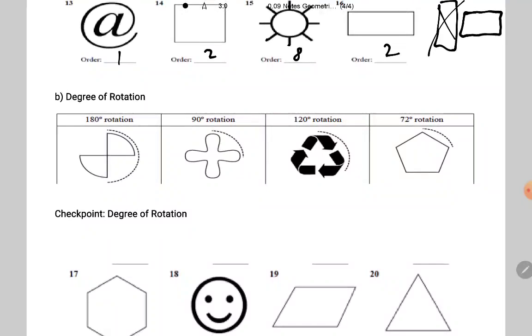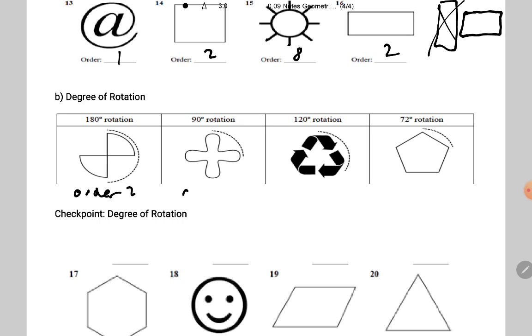Okay, degree of rotation. So how do we figure out the degree of rotation? I will show you how through example. So notice that this is order 2, and it's a 180 degree rotation.